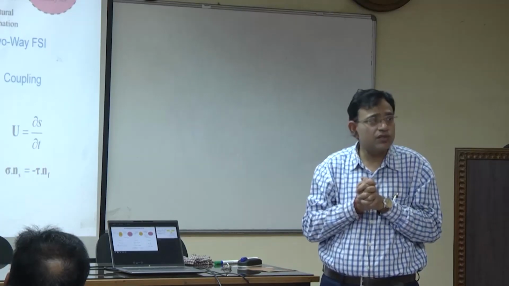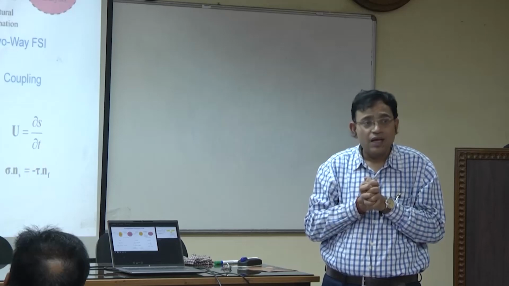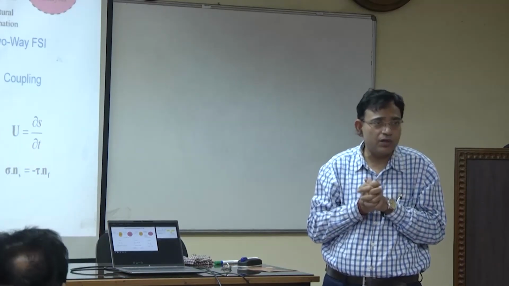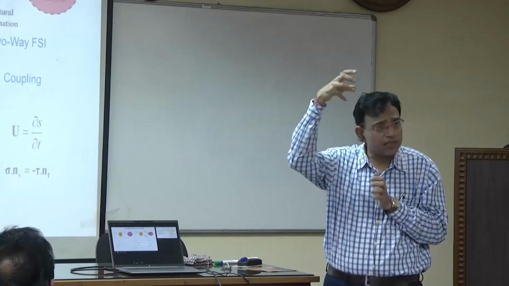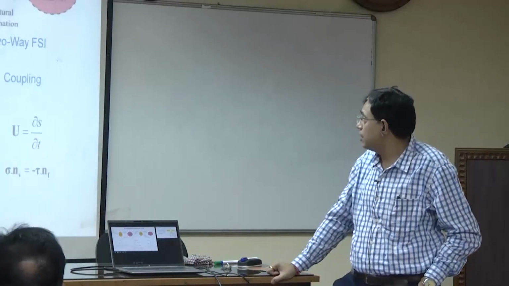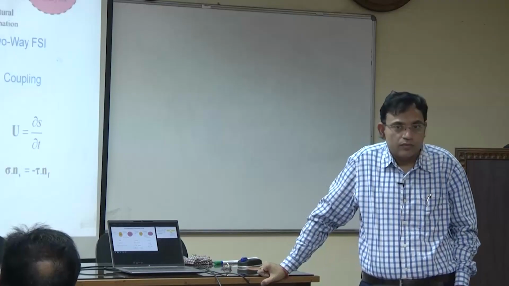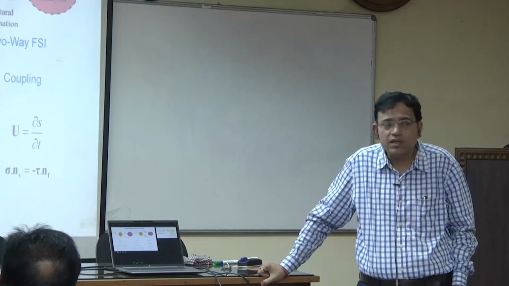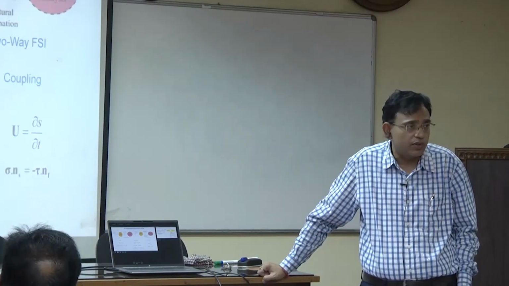So whatever is there as a normal stress on the solid body, at the same point it is minus of pressure in the fluid. Why minus? Because normal stress by definition is tensile positive, but pressure by definition is compressive, right. So the main important thing is fluid pressure on the surface or fluid normal stress, which also could be viscous normal stress, but we will see that viscous normal stress is not as important as pressure in most of the problems.